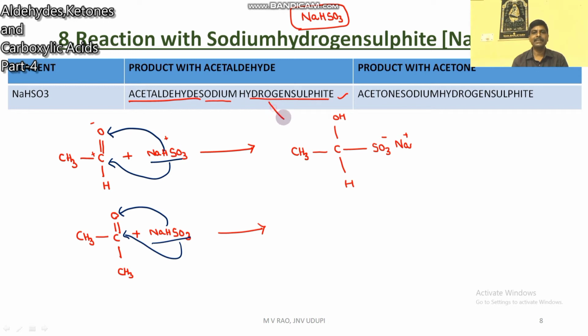This name is acetaldehyde sodium bisulfite. You take acetone CH3, C, OH, CH3, SO3 minus Na plus. This is acetone sodium bisulfite. It is the final product.